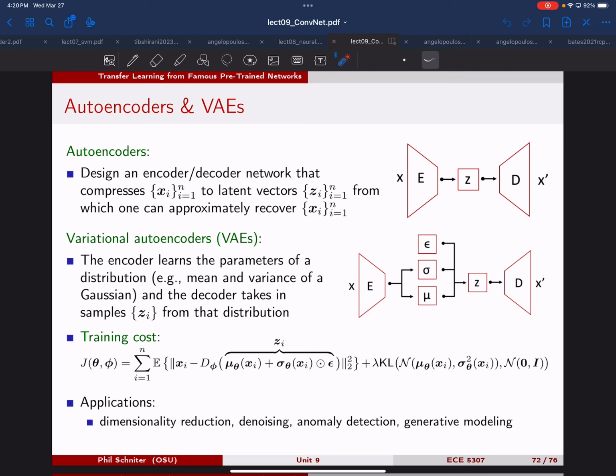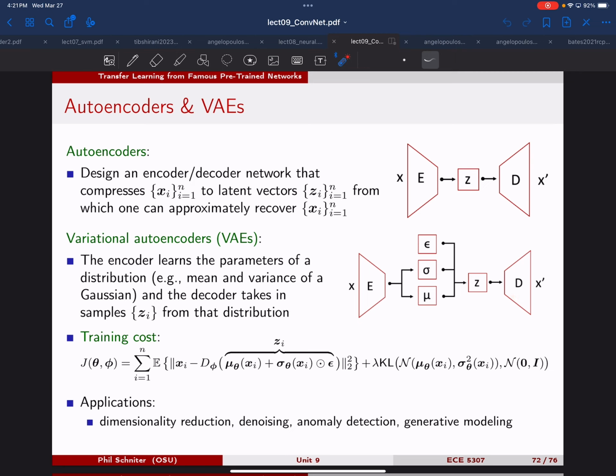It's saying that you want this Gaussian with this particular mean and variance to be close to this Gaussian with zero mean and identity covariance. This is an extra term that you can add to prevent these from being too far from 0 and 1. So this is the typical training cost, the thing you optimize. These theta and phi would be the parameters of the encoder and the decoder, respectively.